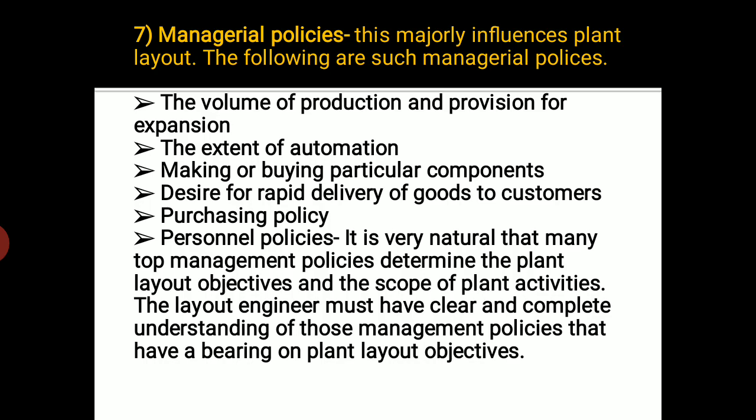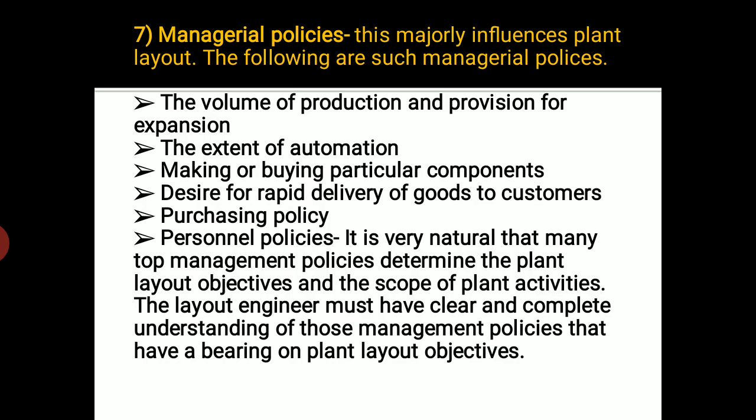Next, desire for rapid delivery of the goods to the customers. If you want the goods to be delivered rapidly to the customers, then accordingly the layout is to be designed. Purchasing policy, whether it is on a credit basis or a cash basis, what type of purchasing policy you have, will also be one of the considerations. These are the types of policies that may be framed by the management, and that should be kept in mind. The next one is personnel policy.